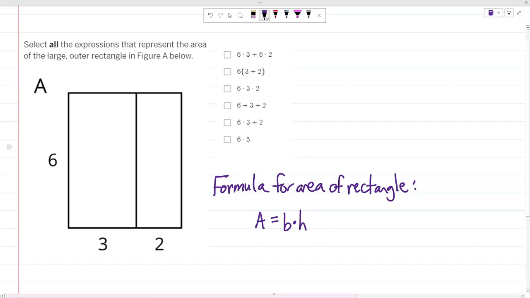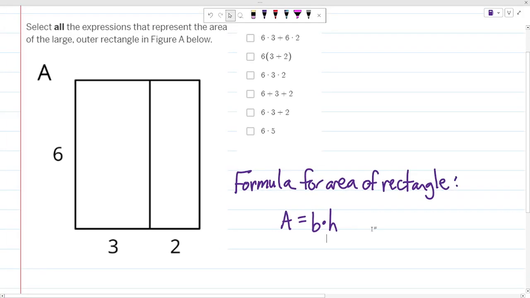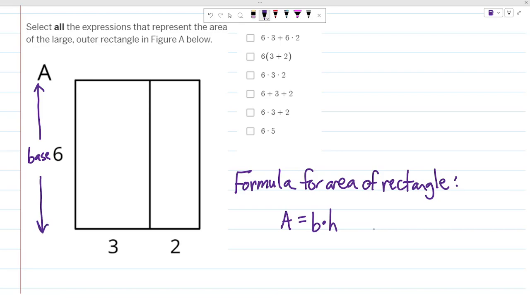And remember, all we have to do really is decide which one do we want to be our base, which one do we want to be our height, because since multiplication is commutative, it doesn't really matter here. So let's go ahead and we can choose 6 to be our base. So let's say that this is our base, and this is our height.